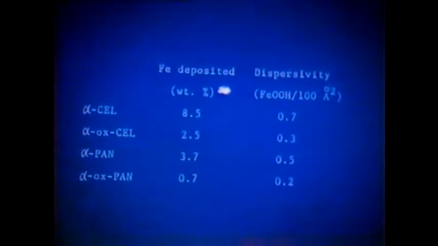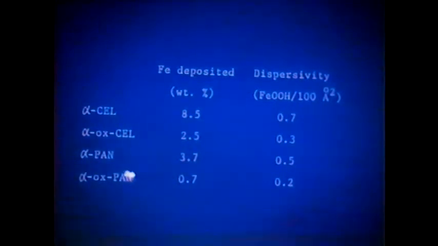The surface concentration of FeOOH was determined from the amount of iron deposited and the specific surface area. There is 0.2 to 0.7 FeOOH unit per 100 square angstrom. The X-ray diffraction patterns of these samples have no peak, so we identify the substance by use of XPS.